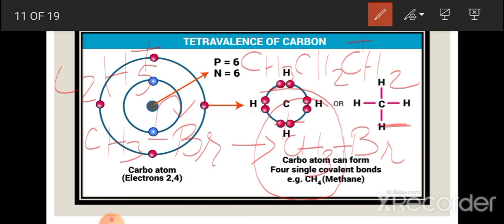They are also classified as primary, secondary, and tertiary carbocations according to whether the positive charge is present on a primary, secondary, or tertiary carbon atom, respectively.